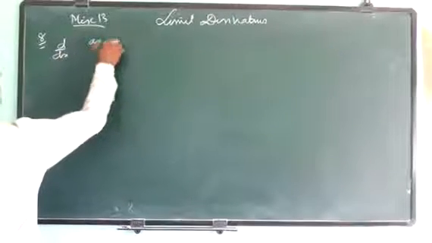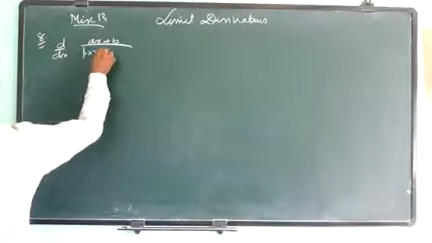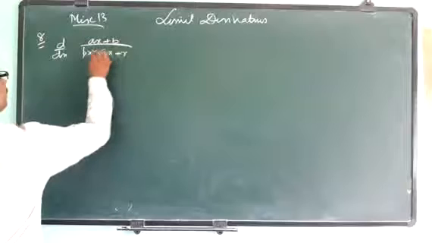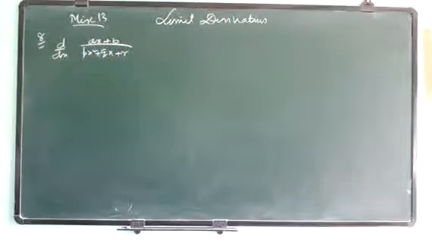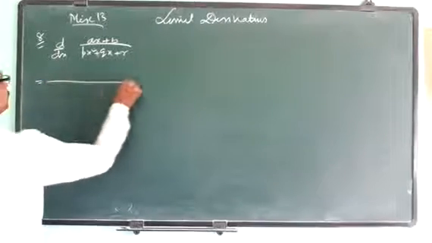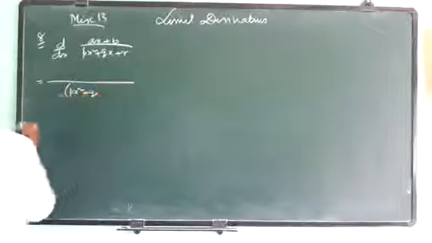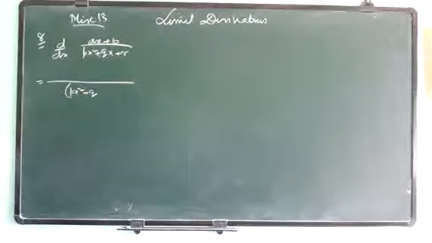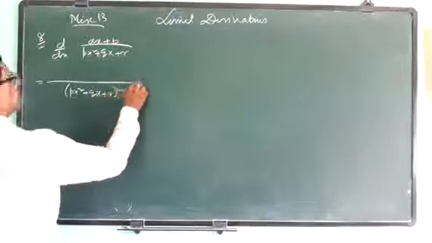Ax plus b divided by px square plus qx plus r. So it is here u by v form. Then how to do? Again with this similar procedure. Px square plus qx plus r whole square.